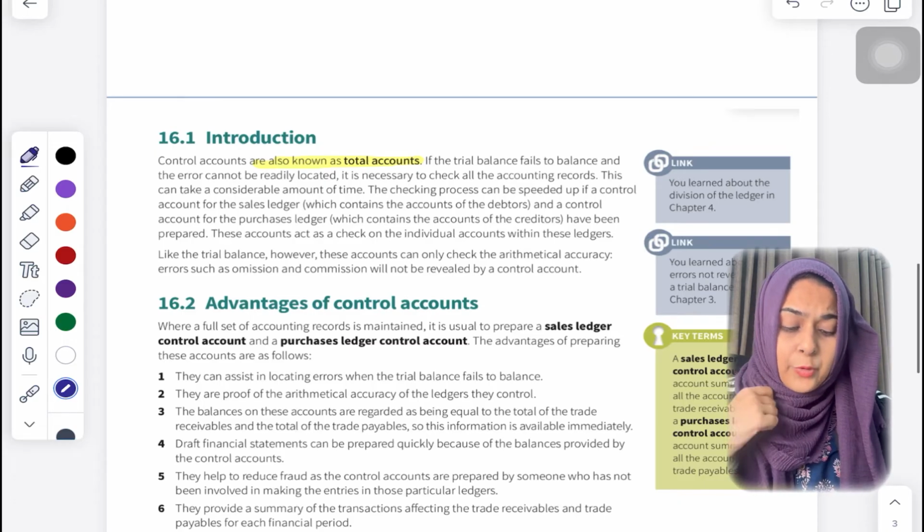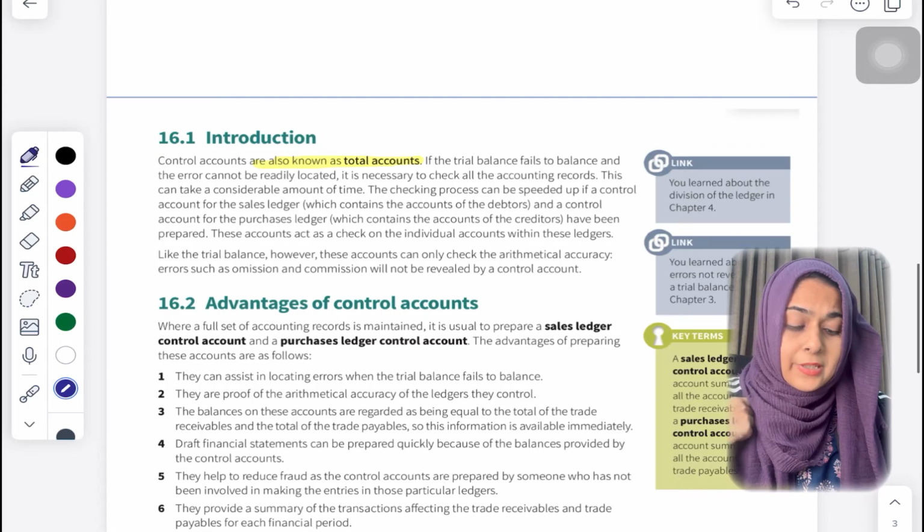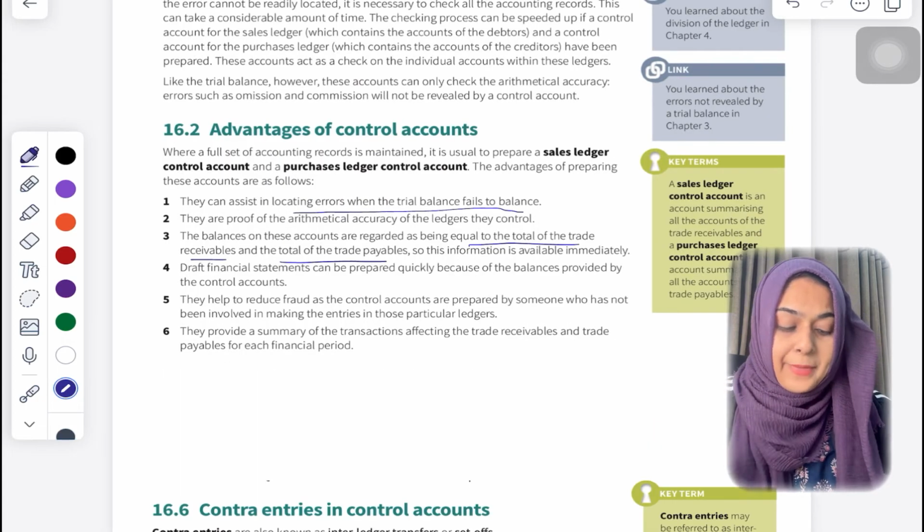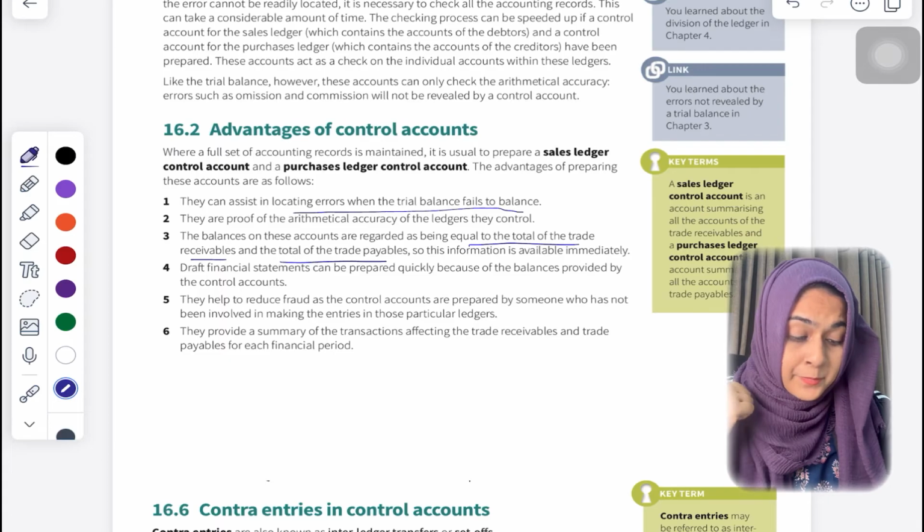They are proof of the arithmetical accuracy of the ledgers they control, that is the sales ledger and purchases ledger. The balances on these accounts are regarded as being equal to the total of trade receivables and the total of trade payables. So the balance brought down of the sales ledger control account represents the total trade receivables, the amount which our credit customers owe us.